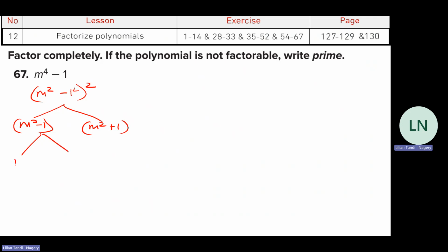You're going to separate it as M minus 1, M plus 1. Okay? And then you're going to bring this down because you cannot separate it anymore. Okay? And then that is your answer.